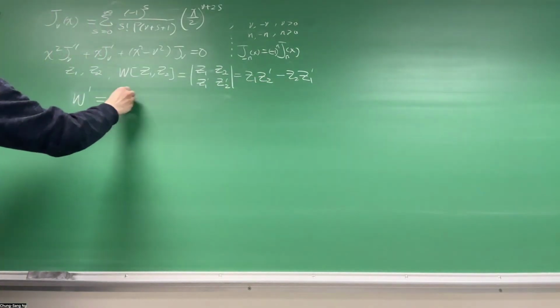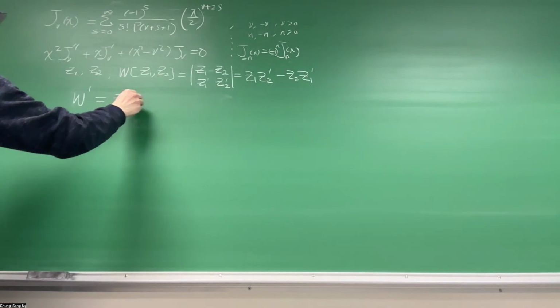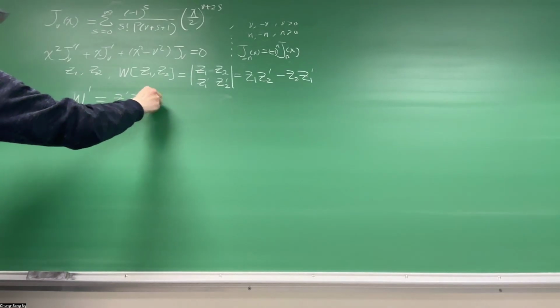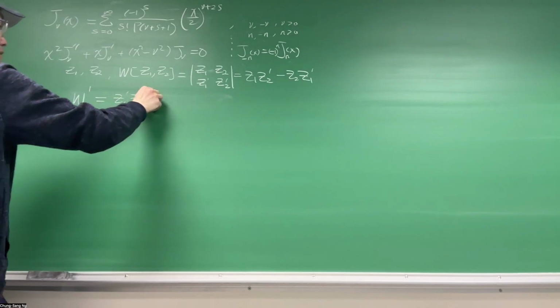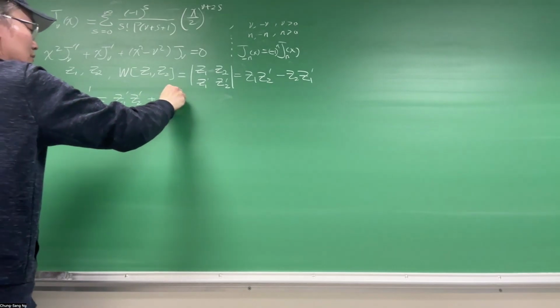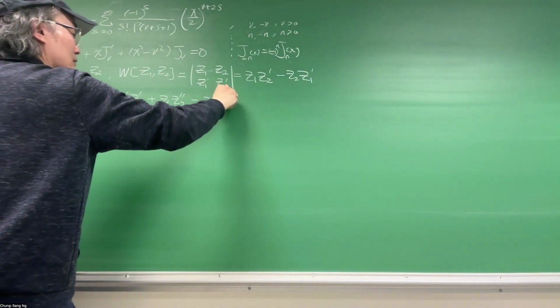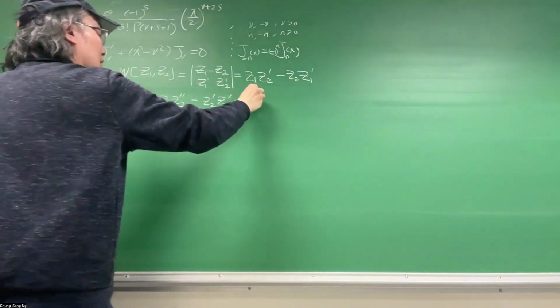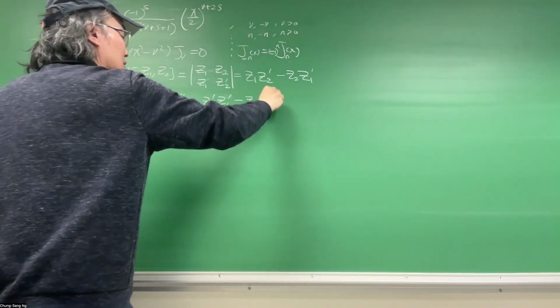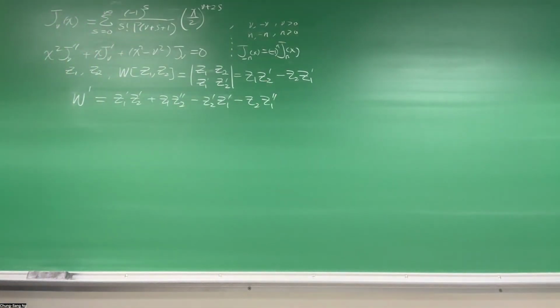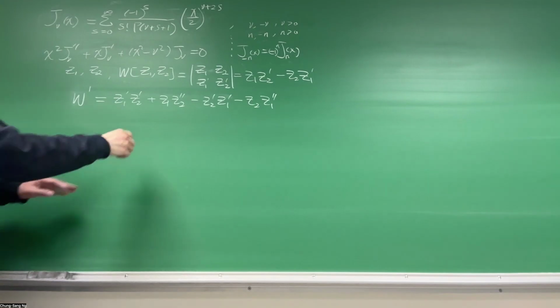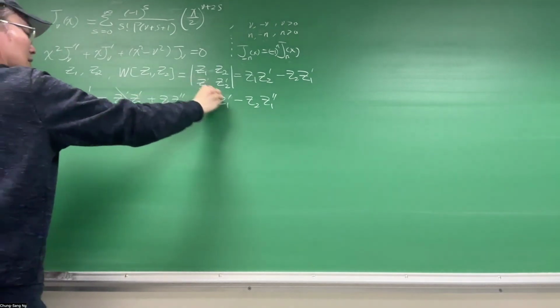So you have two terms. One is C1 prime C2 prime. The other is C1 C2 double prime minus C2 prime C1 prime minus C2 C1 double prime, right? Just a straightforward derivative, and then you see that this cancels.